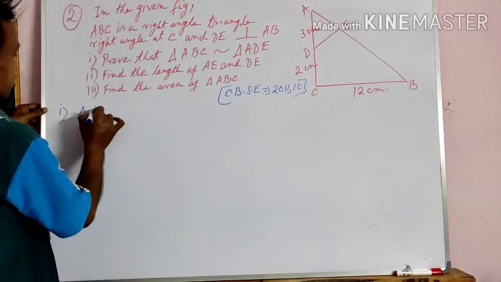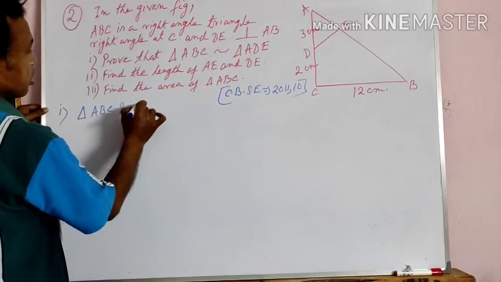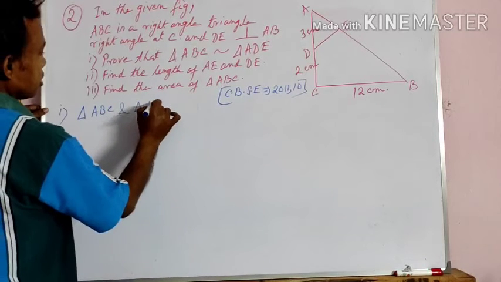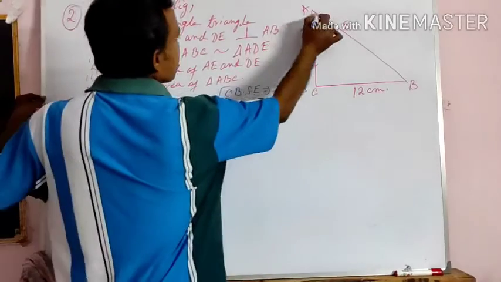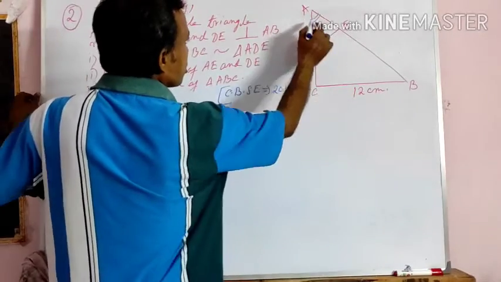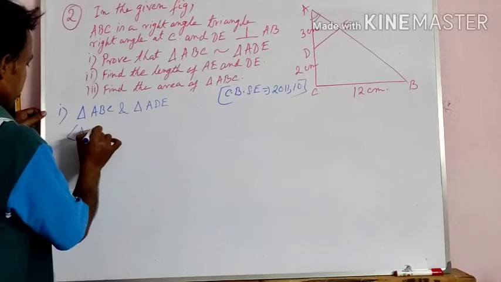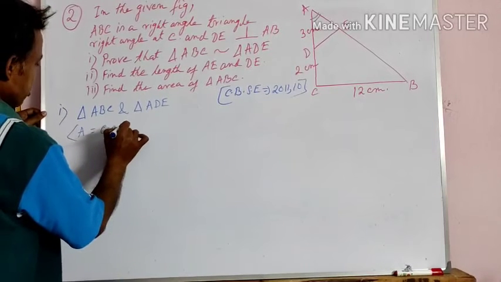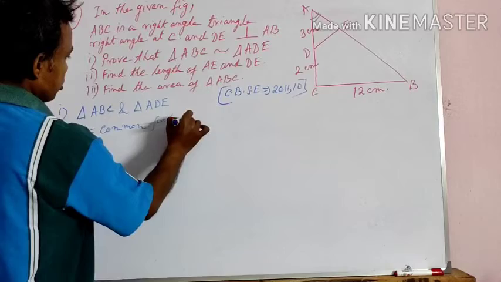Now take two triangles, triangle ABC and triangle ADE. In the two triangles, angle A is common to both triangles.